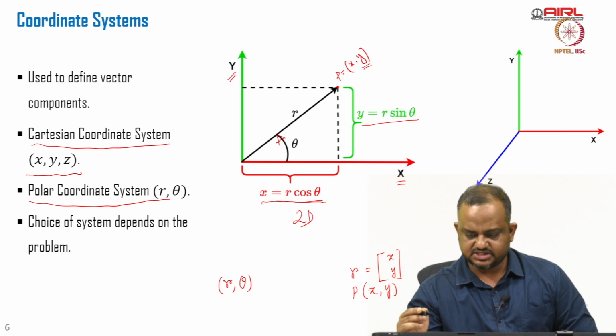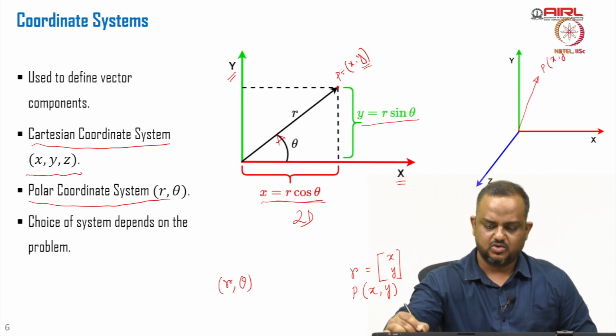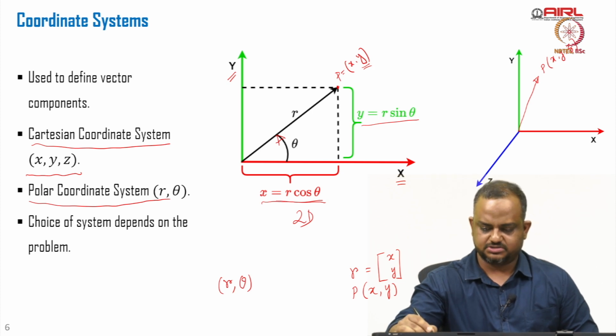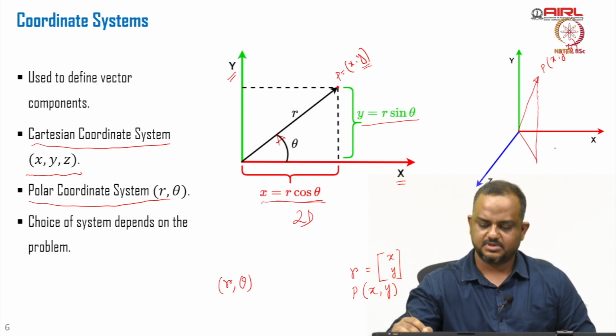Now when it comes to 3D, if we draw a vector here, say similarly a point P, this particular point will have coordinates x, y and z. Now when we make a projection on the xz plane, then it looks like this.